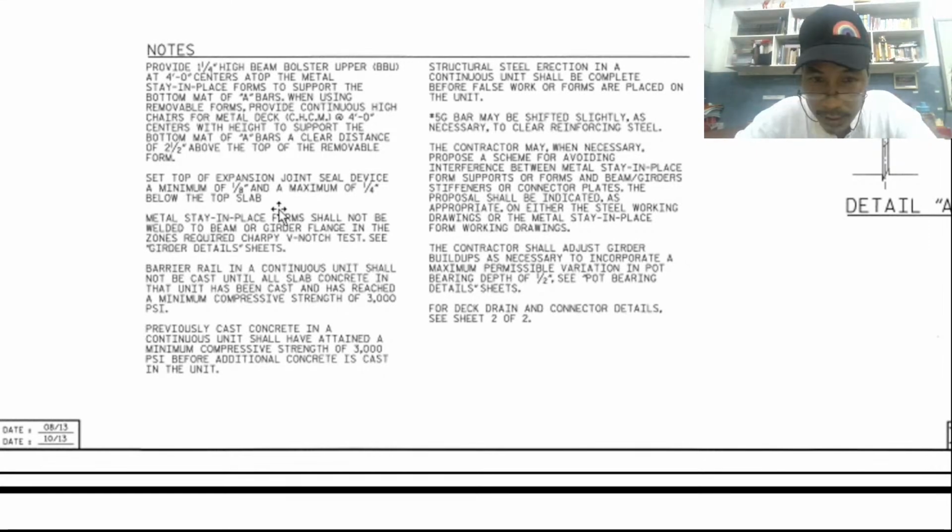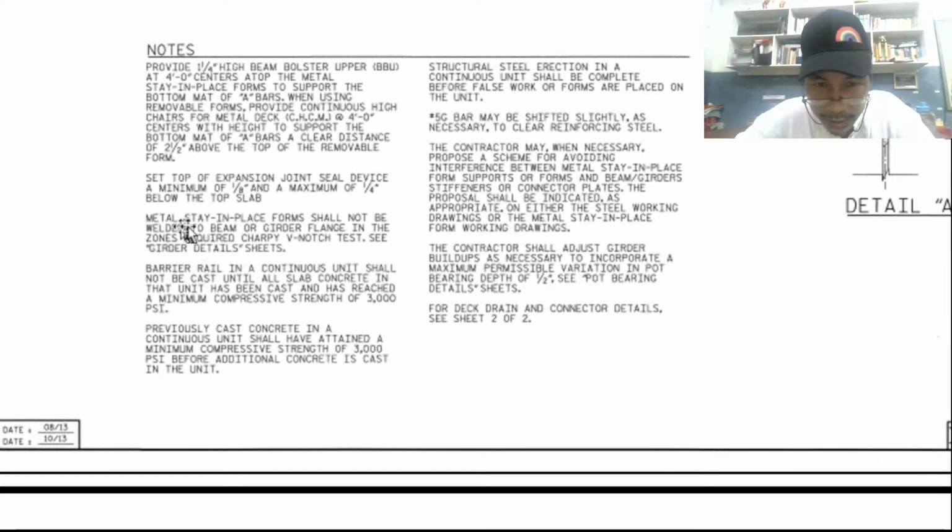That is one location of expansion joint. We already saw those joints on the drawing, but now there is an additional detail: 1/8 inch and 1/4 inch, minimum and maximum. Okay, we are cleared about those things.